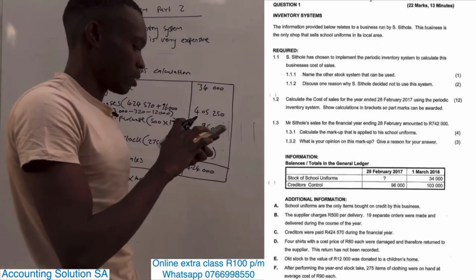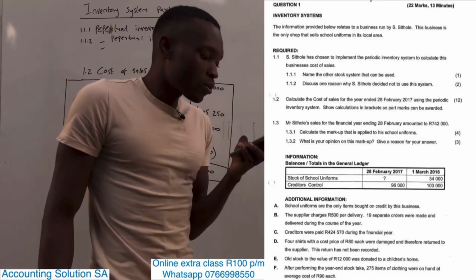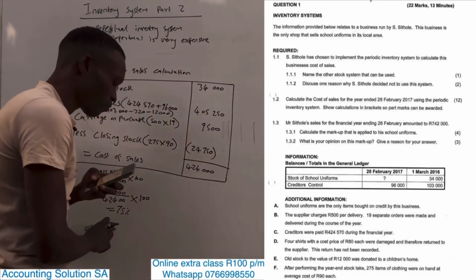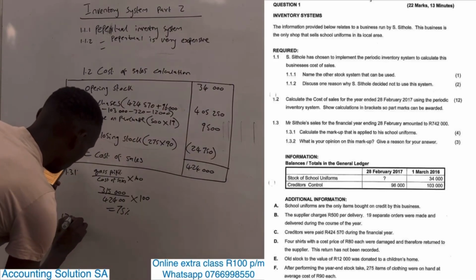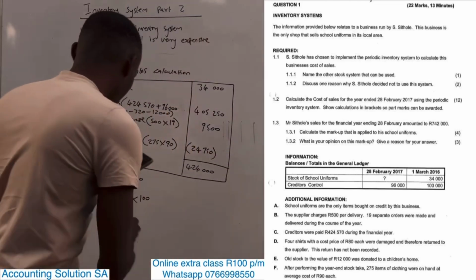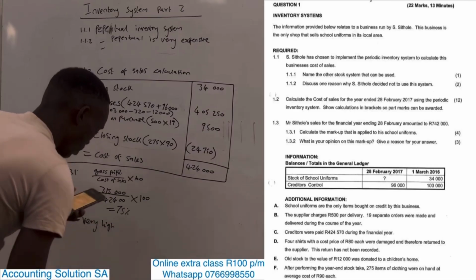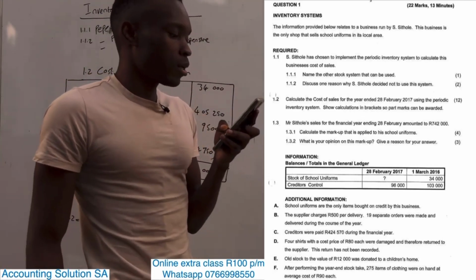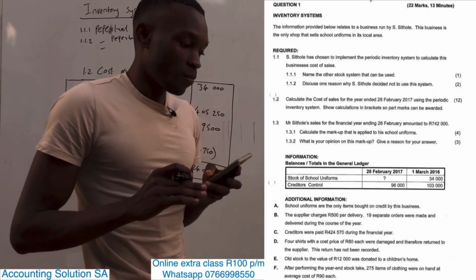Just like that. Okay, and in the next question, what is your opinion on this markup? Markup of 75. What is your opinion? 1.3.2. What's your opinion? This markup is very high. Why is it very high? Remember at the beginning they said this business is the only business that sells uniform.